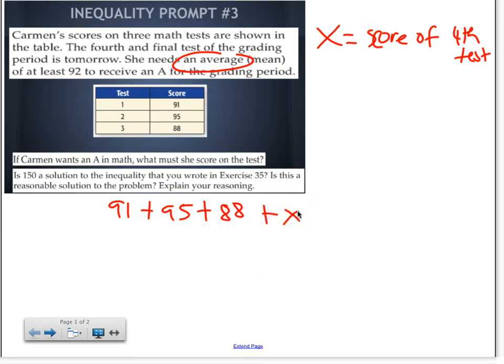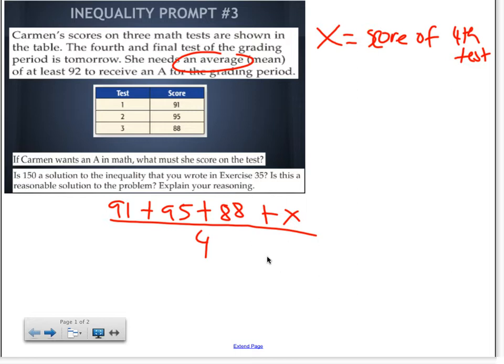See, we don't know the last test, but it's okay. X represents the score of that last test. X could be anything, any percentage, really. But to find the average, what do we do after this? Divided by 4. Questions on that one? We're good? So this is the average of all 4 tests. Is that correct? If we know what the x is, we will be able to find the average.